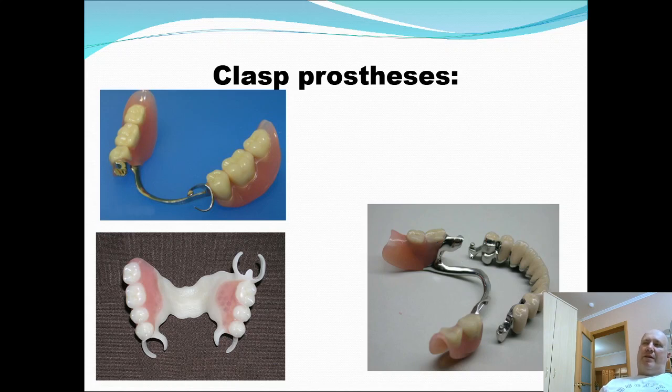But there are many bad features of this prosthesis, because you need to prepare at least two teeth from each side of your prosthesis for fixing this part. This is an attachment.